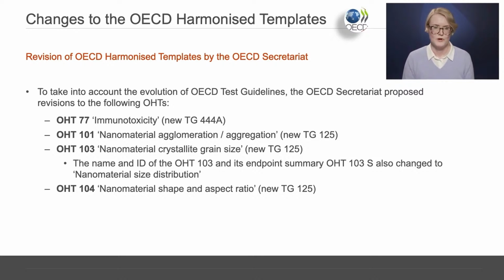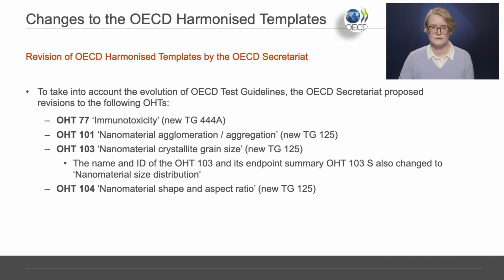Then the OHTs 101, nanomaterial agglomeration aggregation, 103, nanomaterial crystallite grain size, and 104, nanomaterial shape and aspect ratio have been updated to include the new test guideline 125 on nanomaterial particle size and size distribution. And here a number of additions have been made to these formats to accommodate reporting of studies according to the new test guideline.